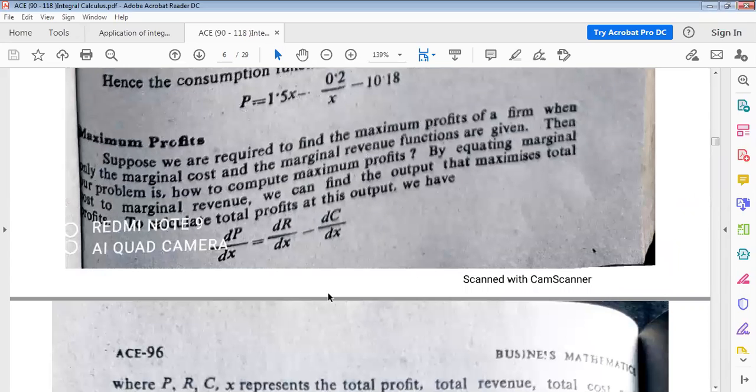So, how to find the maximum profit from marginal revenue and marginal cost. Marginal revenue is d/dx of R, and marginal cost is d/dx of C. This subtraction gives the marginal profit. Marginal profit means the first differentiation, or single derivative, of profit, which is the single derivative of revenue minus the single derivative of cost.